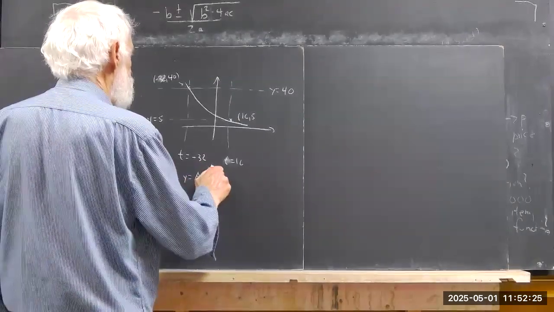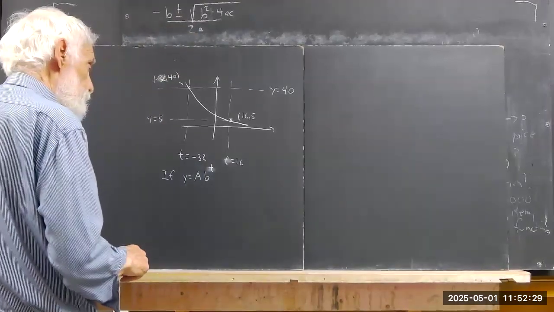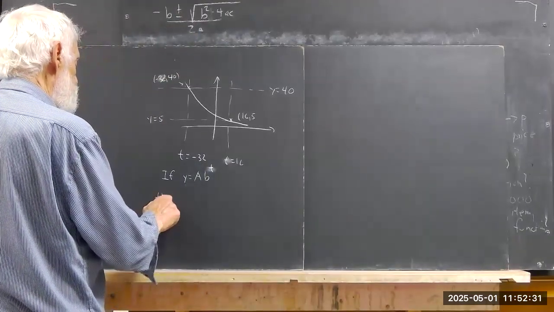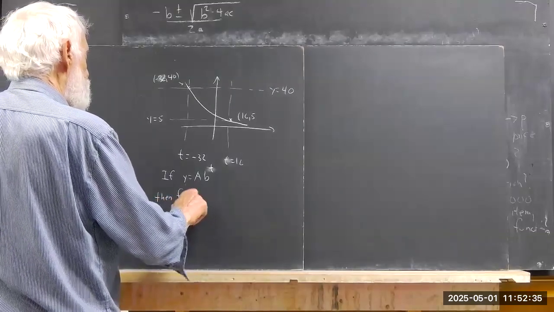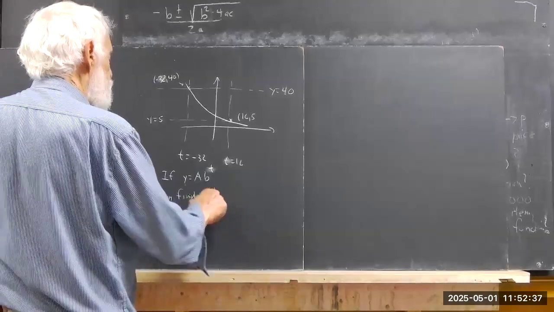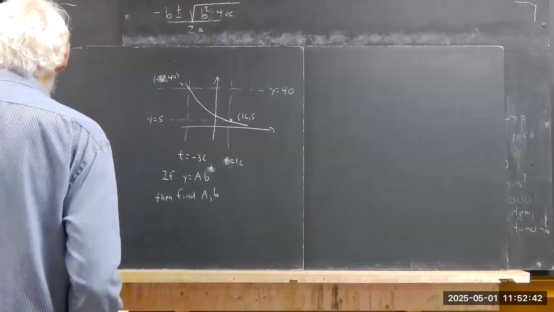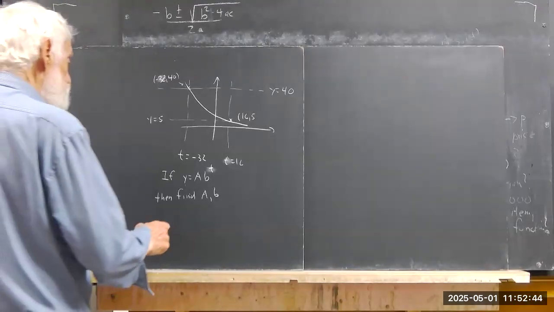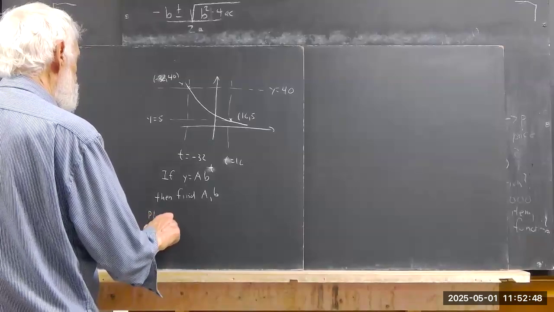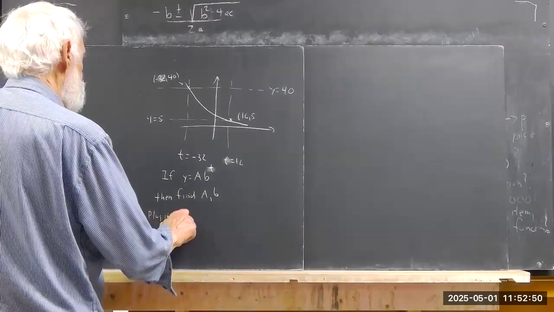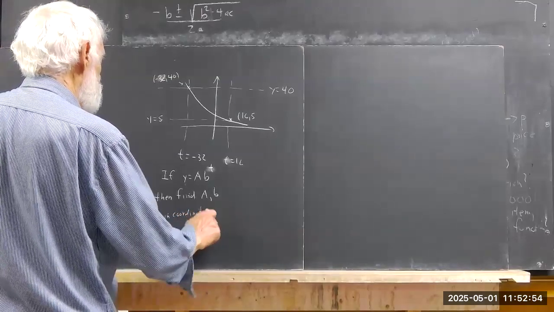If y equals a times b to the t, find a and b. Okay. Now I'm abbreviating this because we've done it fairly loosely.